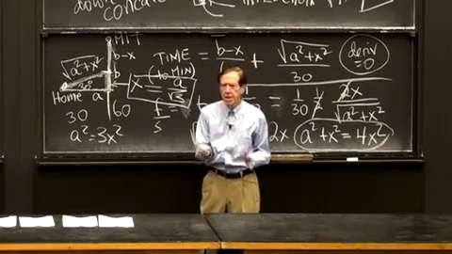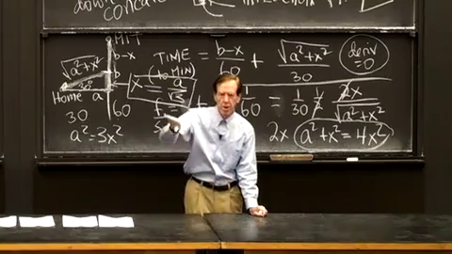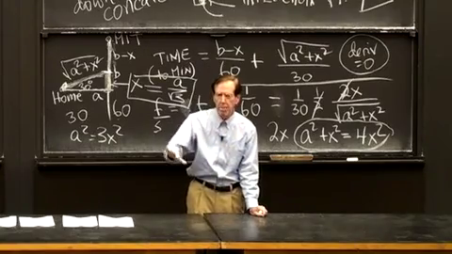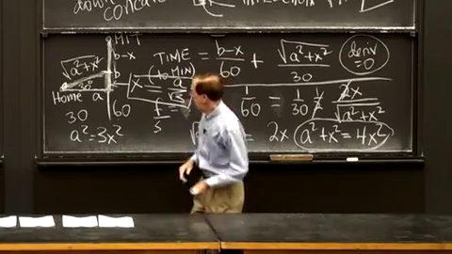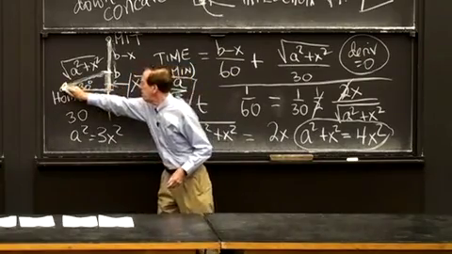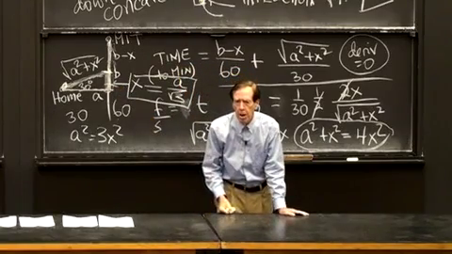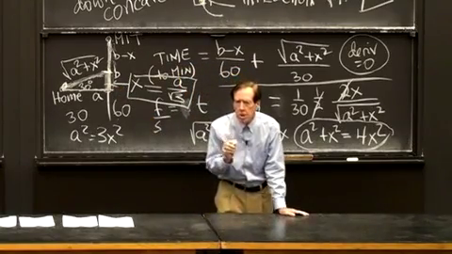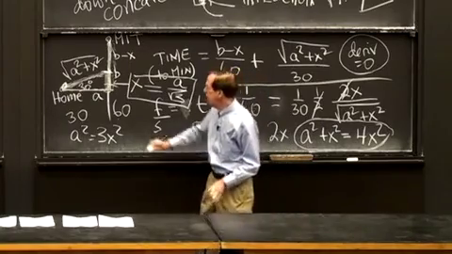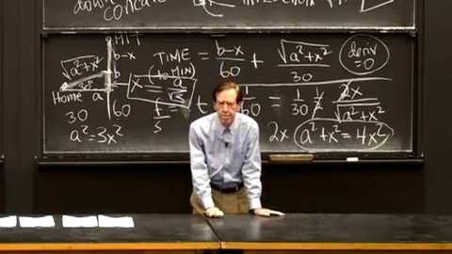So that's a case in which the minimum time didn't happen where the derivative bottomed out. If MIT was here, the good idea would be go straight for it. You wouldn't drive on the turnpike at all.